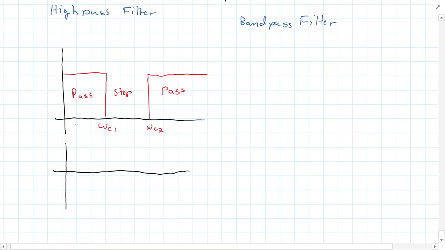But the phase diagram would look something like this, where this is omega C1, then omega C2, something like that. And these wouldn't necessarily be the same slope, by the way. And they're not the same slope here. And then this is called a band reject filter.